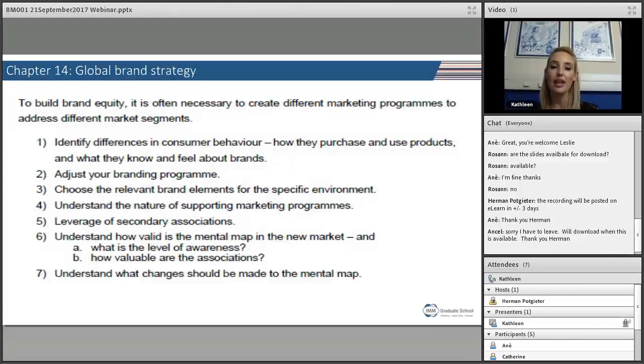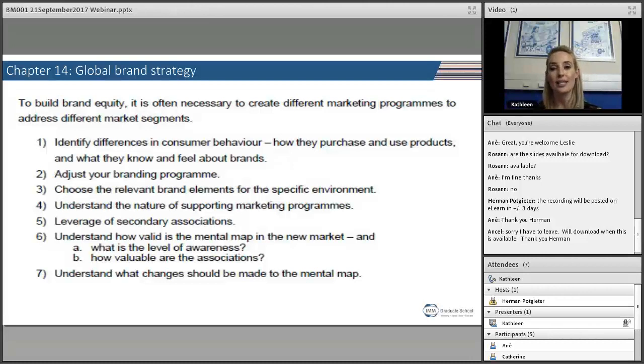When you are thinking of offering a global branding strategy, in order to build your brand equity, it is important that you are able to differentiate your marketing programs if they are required to meet different needs in different segments. And they give us a 7-step process in order to do this. They say firstly we should identify differences in consumer behavior, like how they purchase products or how they use the products.